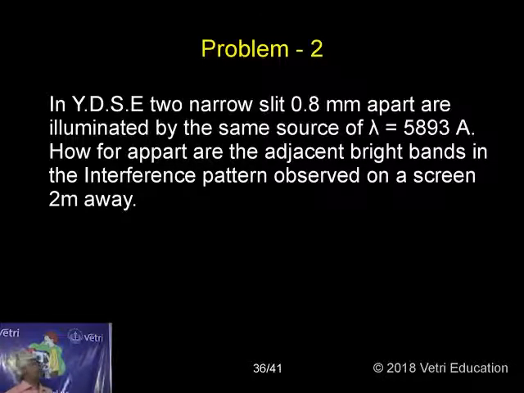In Young's double slit experiment, two narrow slits 0.8 millimeter apart are illuminated by the same source of wavelength 5893 angstrom.